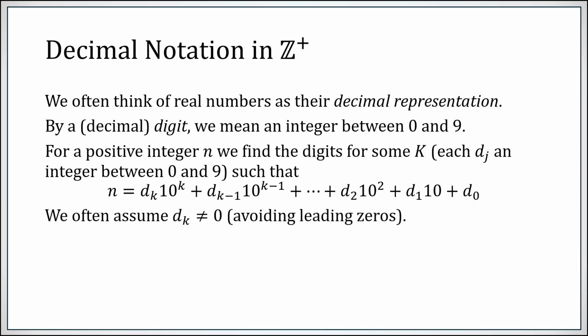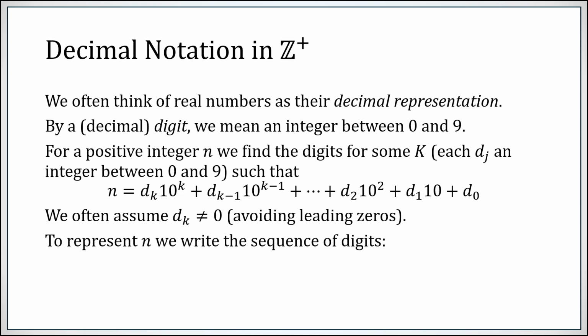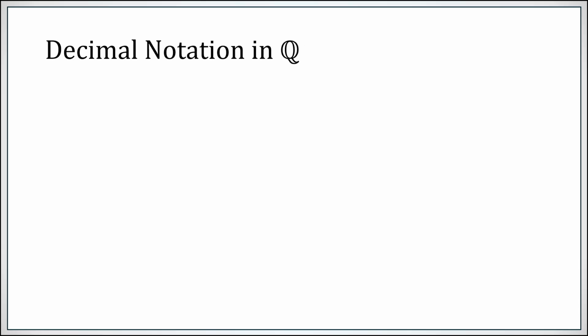Generally, we assume that the largest index digit isn't a 0. Otherwise, you would be beginning your representation with zeros. For example, we write 12 as 1, 2, not as 0, 0, 1, 2. To represent n, we write the sequence of digits as just a list of things concatenated against one another.